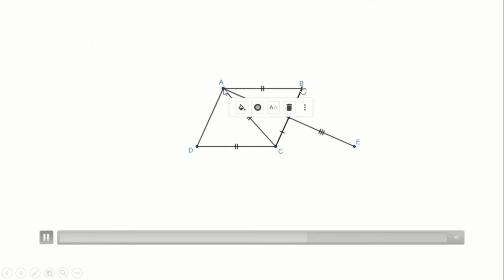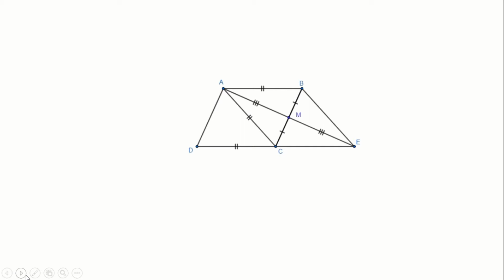As you see, we have BM equal to MC, and also we have E is the symmetric of A with respect to M. So we draw AM equal to ME. Now when we join them, we get a rhombus ABEC, and if you note more, we have D, C, and E should be collinear to each other if our figure is correct. Now let's prove them together.